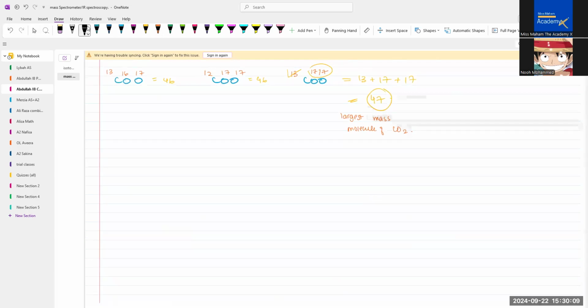A few definitions for relative isotopic mass, relative atomic mass, etc. that you have to learn.